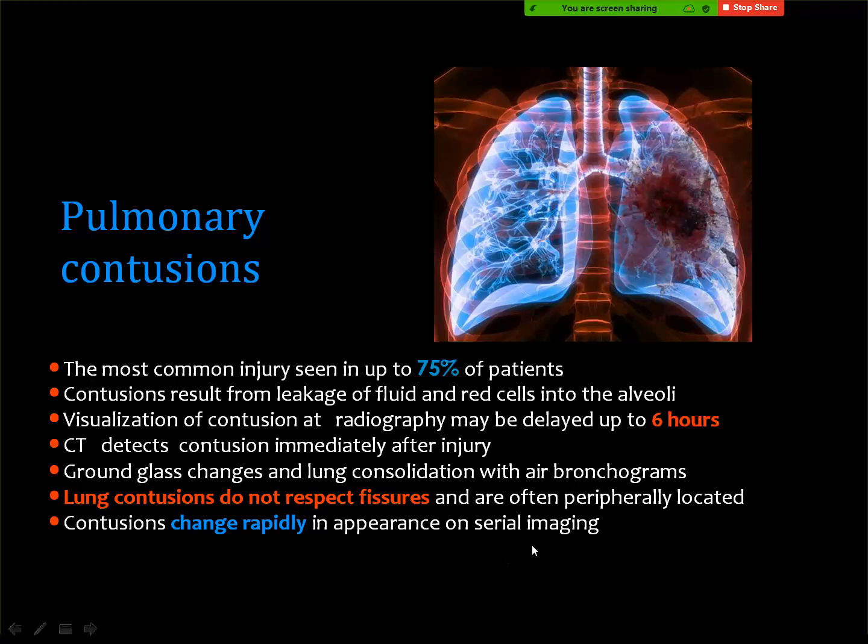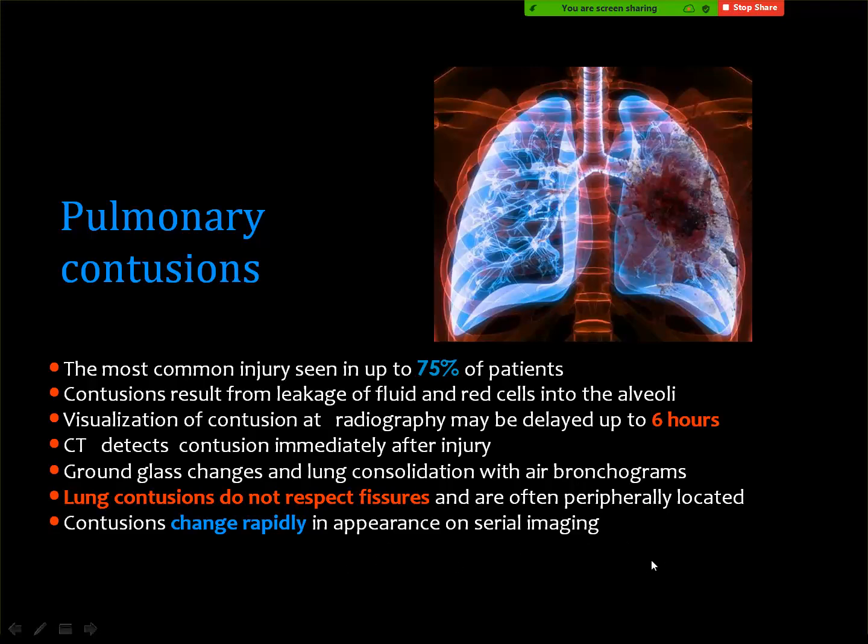And the pulmonary contusion will appear immediately in the CT scan and may be delayed in the X-ray up to 6 hours. Pulmonary contusion changes rapidly, and by follow-up, you get a significant change in the contusion.